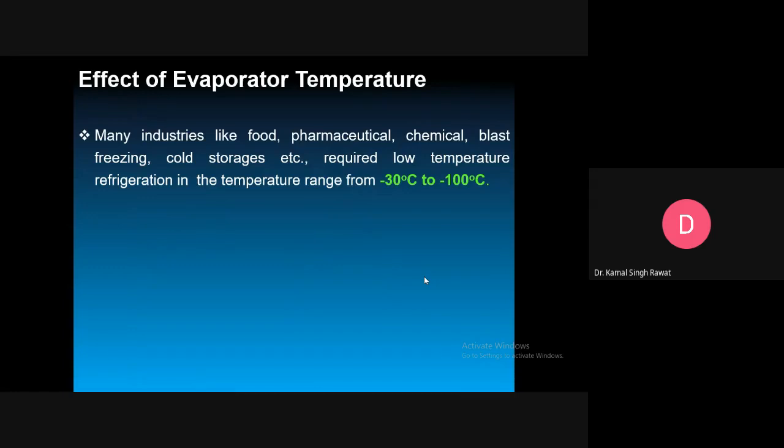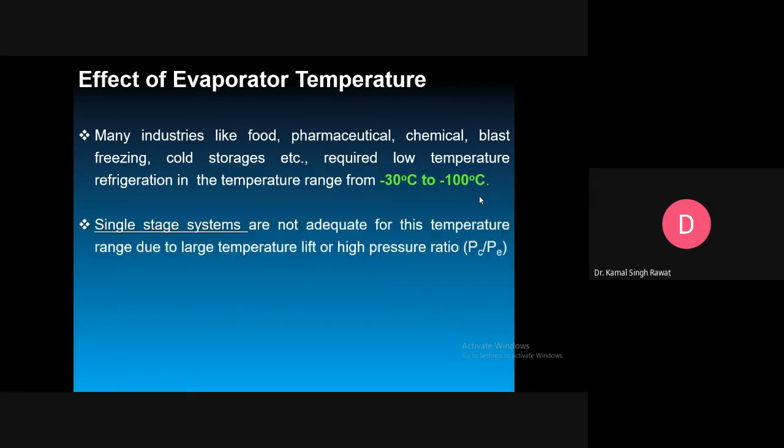Many industries like food, pharmaceutical, chemical, blast freezing, cold storage, etc. require low temperature refrigeration in the range of minus 30 degrees centigrade to minus 100 degrees centigrade.